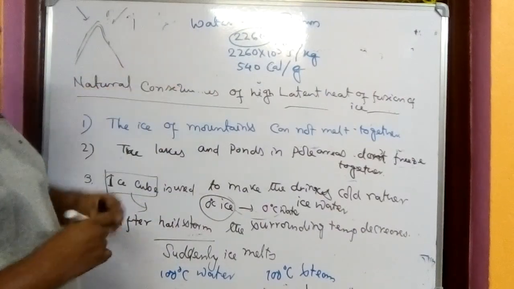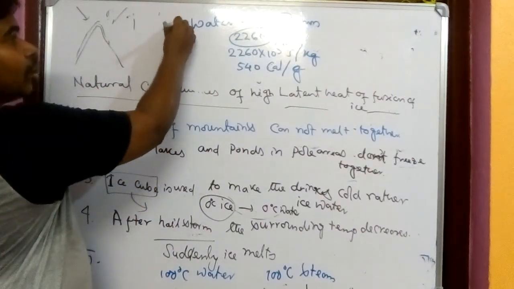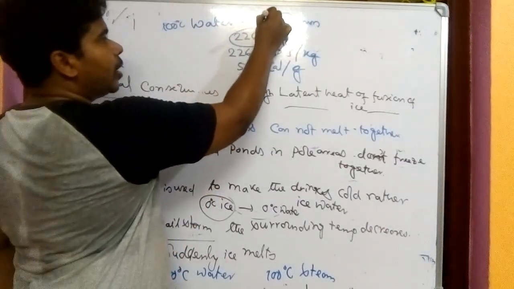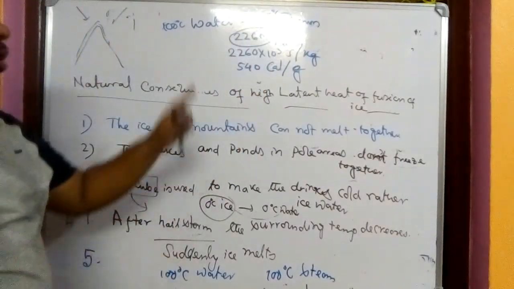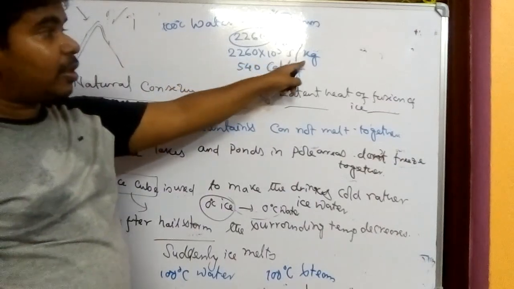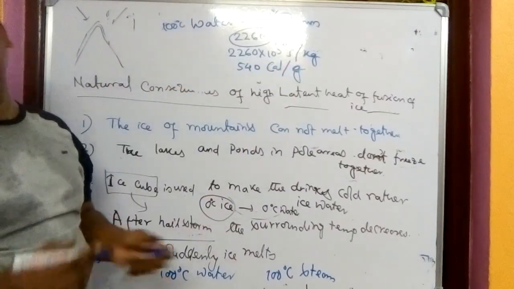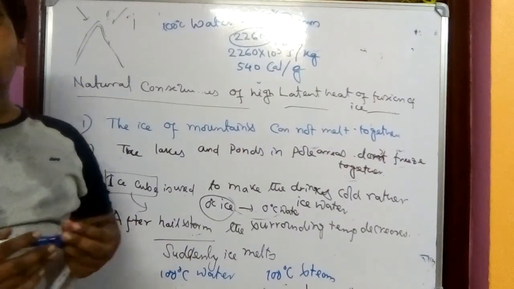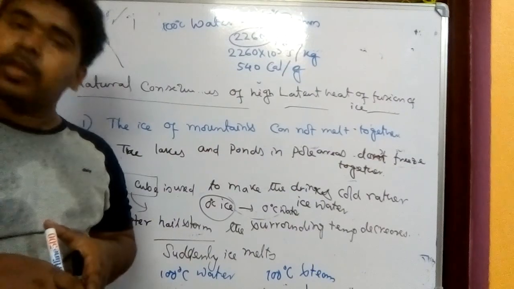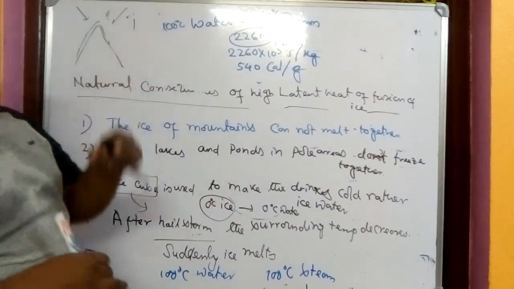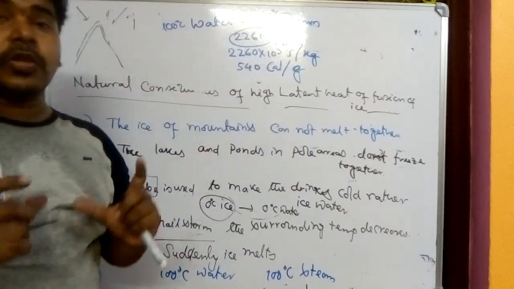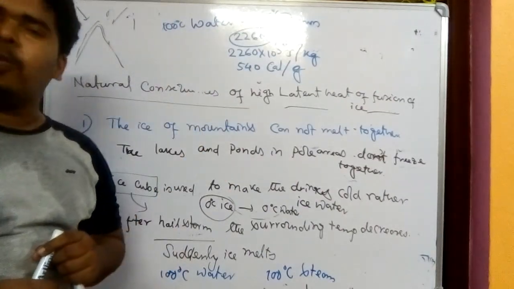For 100 degree centigrade water, this extra heat energy is not there. But 100 degree centigrade steam has this much extra heat energy per gram, or per kg. That's why 100 degree centigrade steam is more severe. It can cause a more severe burn than 100 degree centigrade water, because steam has this much extra heat in the form of latent heat.